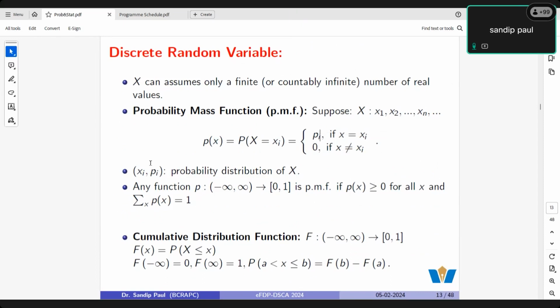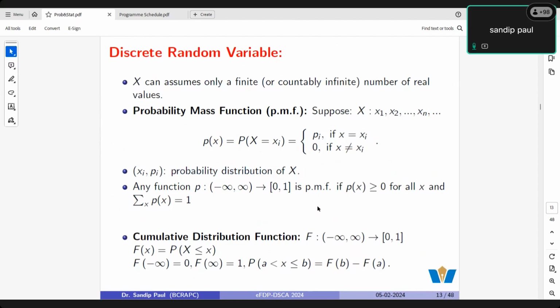And the entire set of xi and pi, if we consider them as ordered pairs, is called the probability distribution of X. So xi and pi define the entire distribution. All the x values are given, and the corresponding probabilities are given, and the entire table defines the distribution.